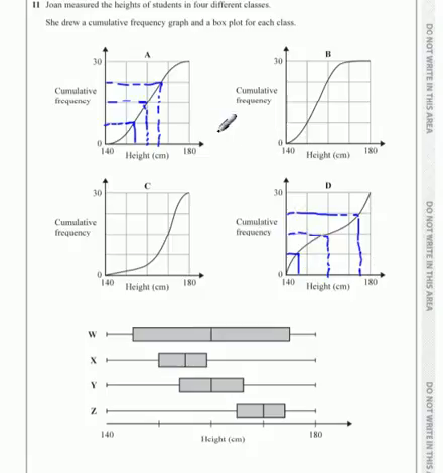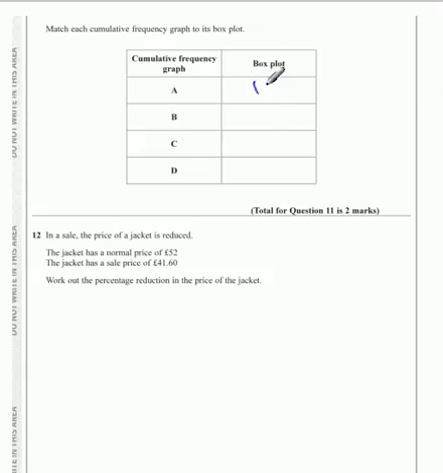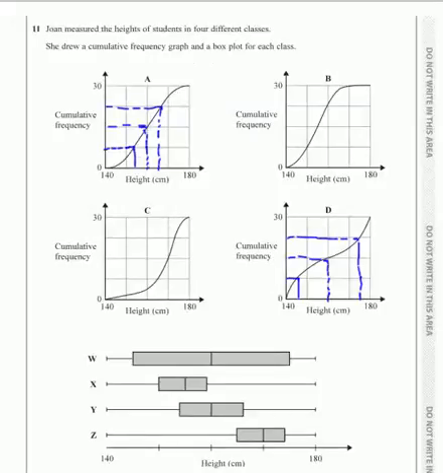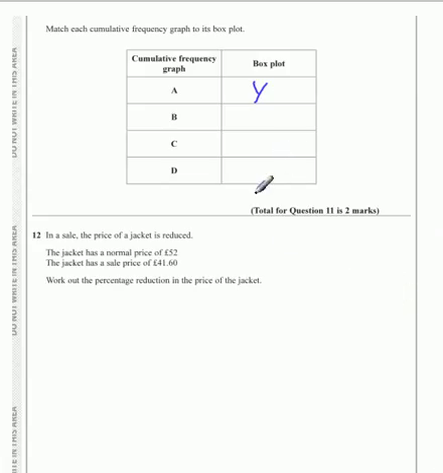So we can see from there that for A, there is a much smaller interquartile range. The two quartiles are much closer together. So that is going to match to Y. So A goes to Y. And then on graph D, much bigger interquartile range. So that is going to be W for D.